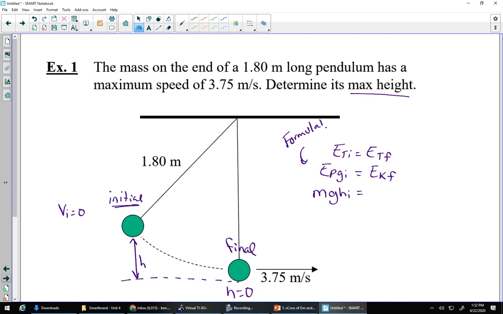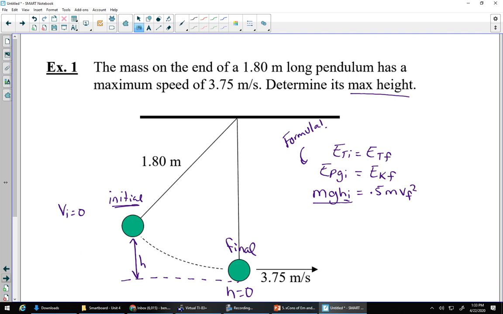On the right-hand side of the equation, we've got 0.5 mvf squared. Now we might start to get frustrated because we don't know the mass. Nowhere in the question does it tell us the mass. Shoot. Well, let's go through and rearrange. The next step is to rearrange. So I'm looking for my height, and I'm multiplying it by g and h.